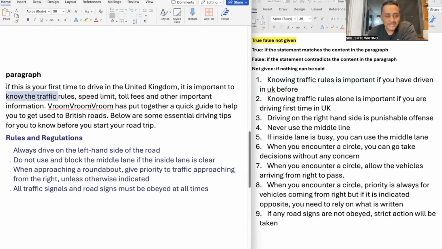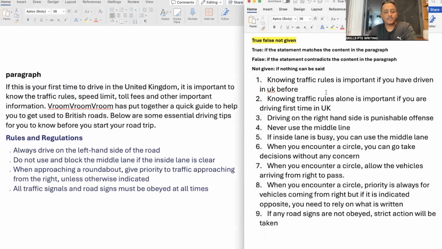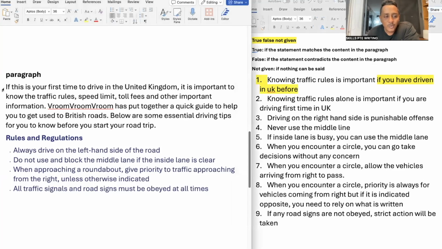See, if this is your first time to drive in the UK, it is important to know the rules. Knowing traffic rule is important if you are driving it for the first time. But if you have driven it before, is there any mention of if you have driven it before? No. We know only about the first time.